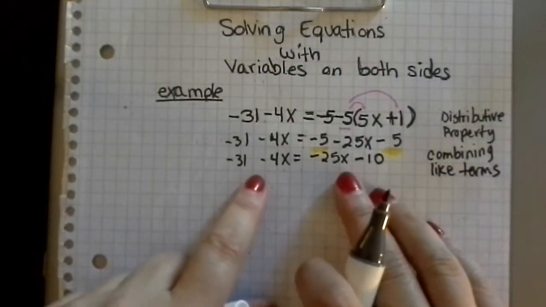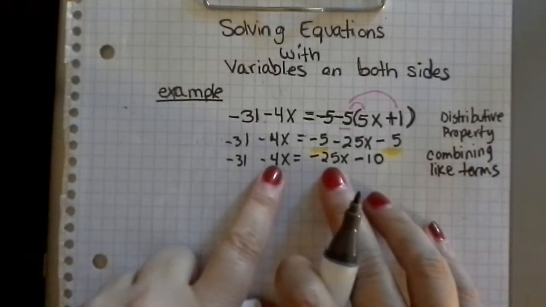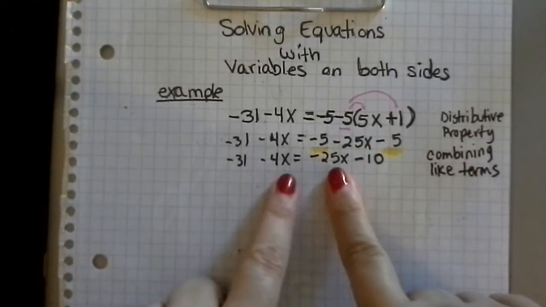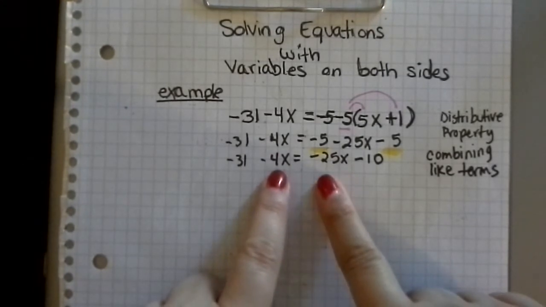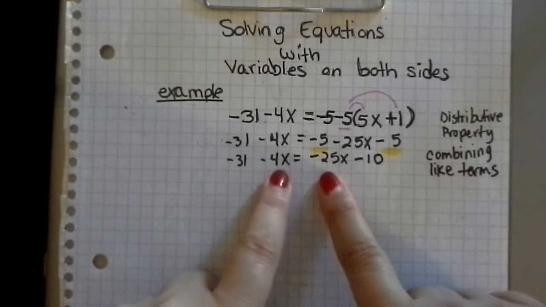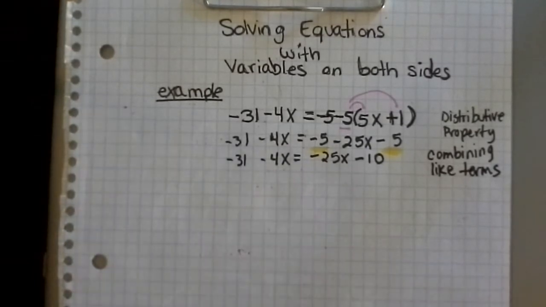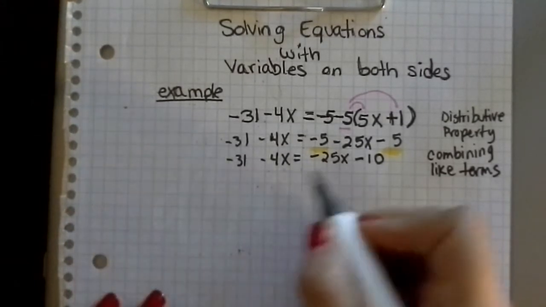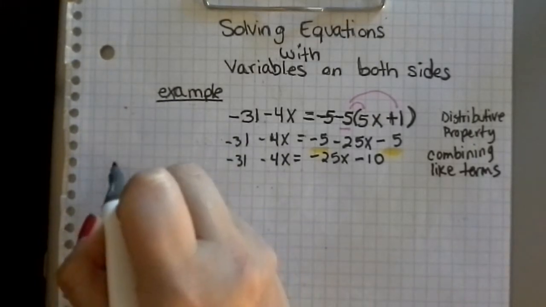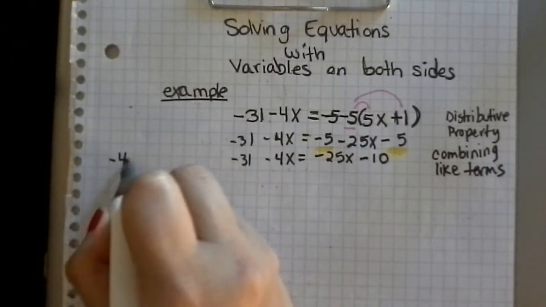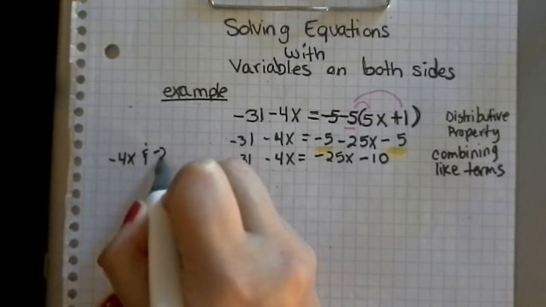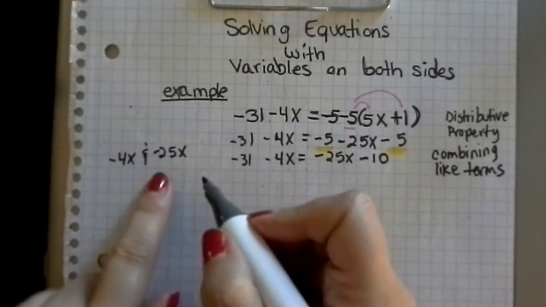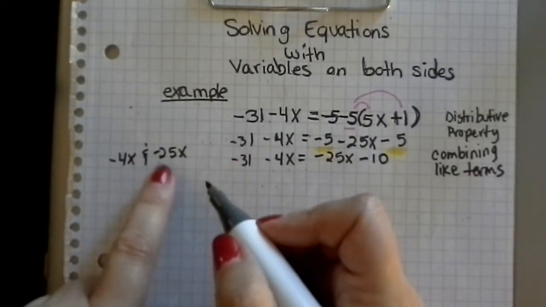We then look at the variable terms, which are these two. And from these two terms, I'm going to add or subtract the variable term that has the smallest coefficient. So between negative 4x and negative 25x, this one's more negative, so this is smaller.